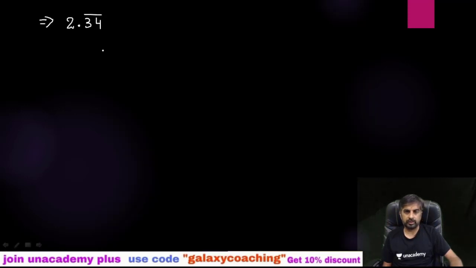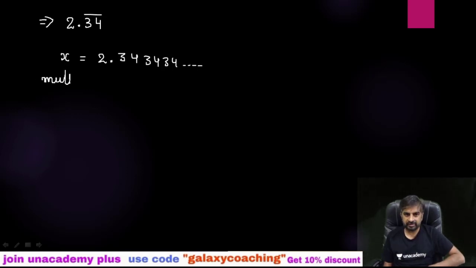Let us solve this. Okay, so for this again you need to write down x is equals to 2 point. Now the bar is on two terms, 3 and 4. So 3 4 3 4 3 4 and so on will come. Now here the bar is on 2 terms, so we have to multiply with 100. Multiplying both sides by 100.